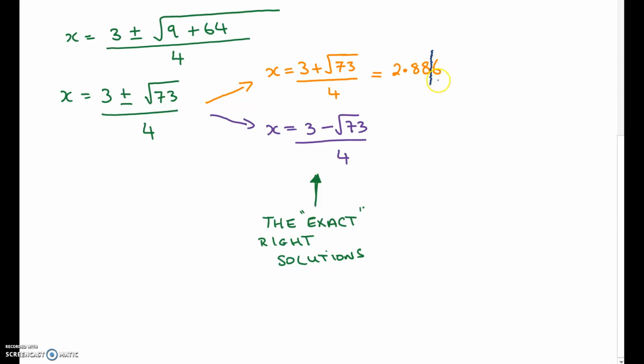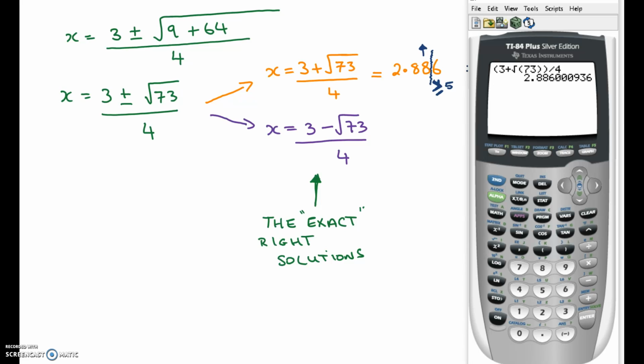Since there's a 6 here, and that 6 is greater than or equal to 5, if the digit after the line is greater than or equal to 5, this one is going to be pushed up. So our final answer here is 2.89. 2.89 is the first solution, correct to 2 decimal places.